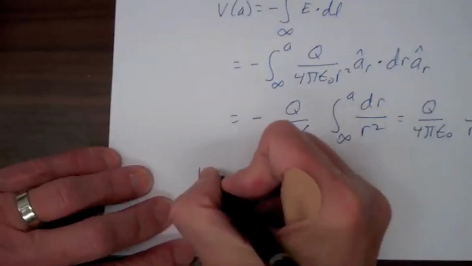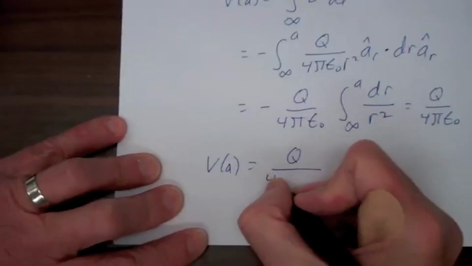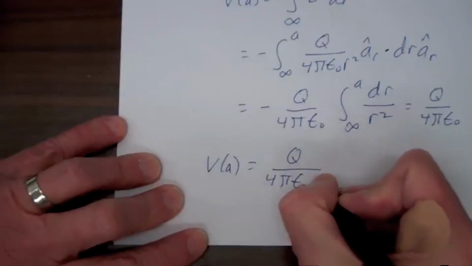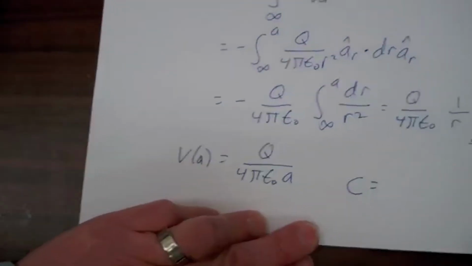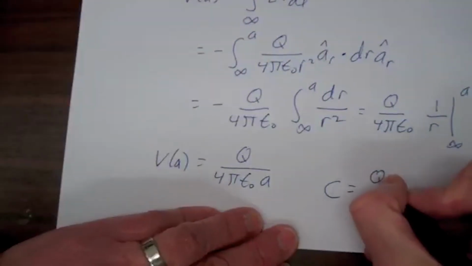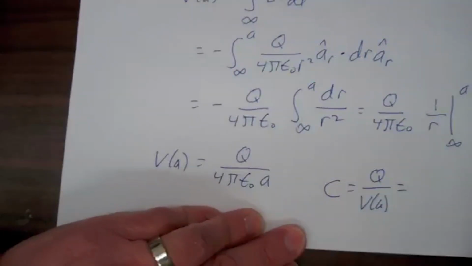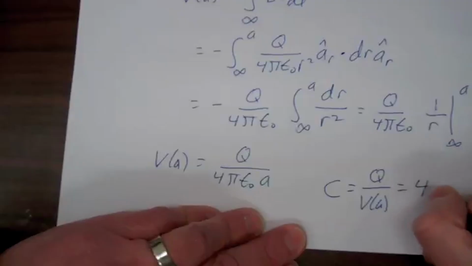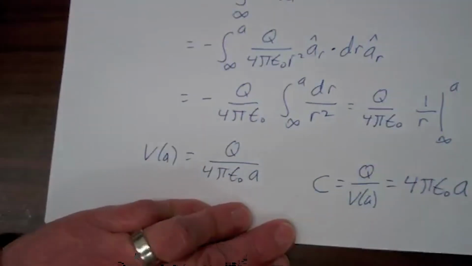So the potential of our sphere is Q over 4 pi epsilon sub 0 times a. So the capacitance is just the ratio of the charge to the potential of our sphere. So the capacitance of a sphere is 4 pi epsilon sub 0 times its radius.